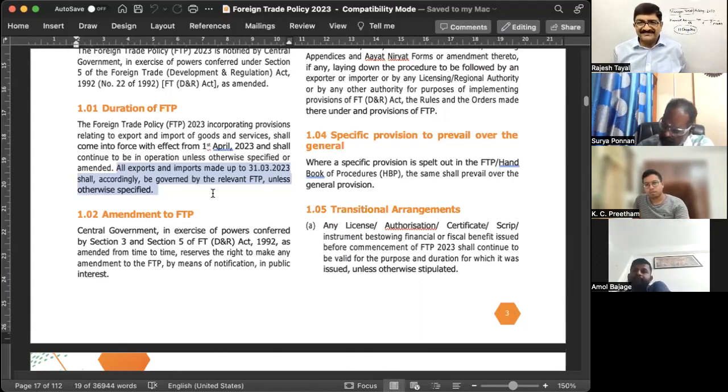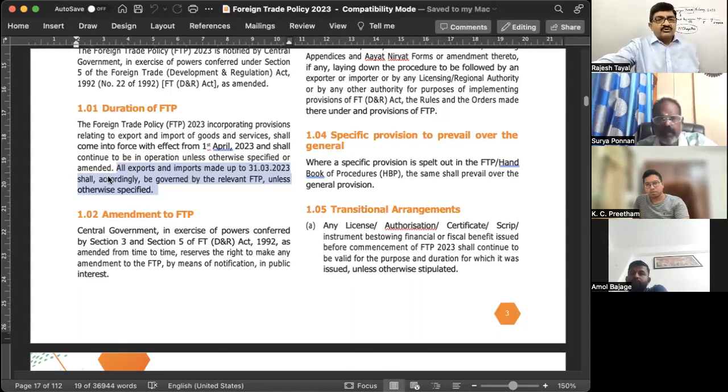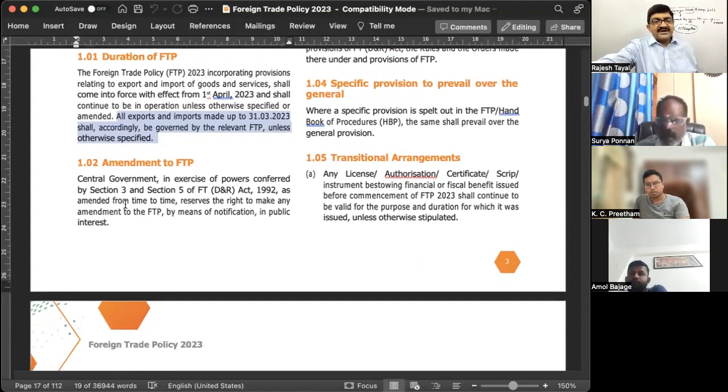Is this clear? Okay, so point number 1 is over. Number 2, what does it say?